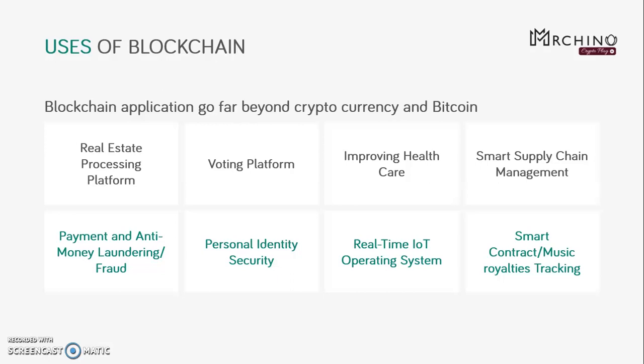When you look at payments and anti-money laundering, a lot of people will say the issue with cryptocurrency is that you can use it to do money laundering without trace. That is a big lie. Every transaction that happens on cryptocurrency is listed in the public domain.